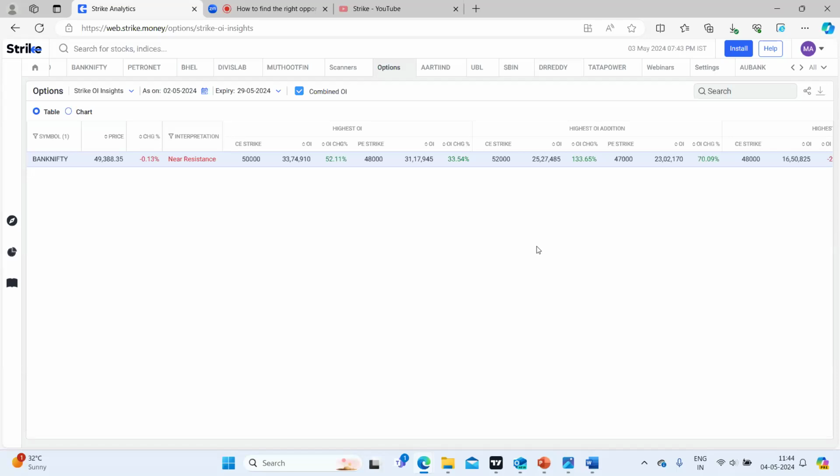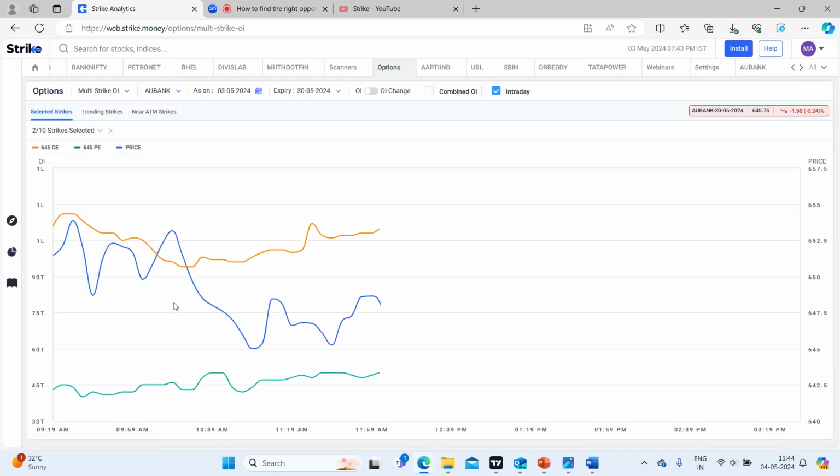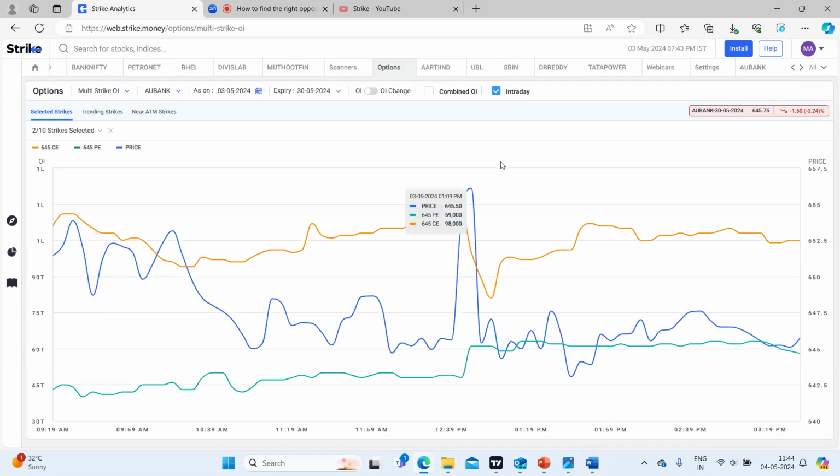Another question that I want to ask is on this options front. You talk about multi-strike. If you can open that multi-strike OI, on the top there are two columns: OI change and combined OI. So if I switch any one of them on, this is a separate section and this is a separate one. What is the impact of OI change?